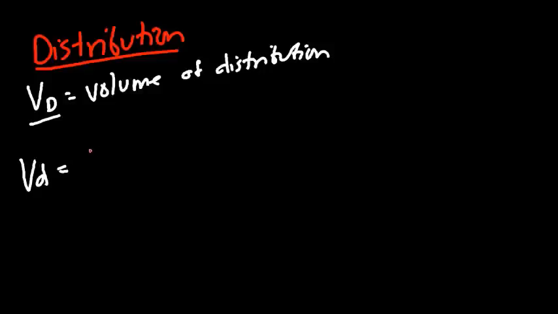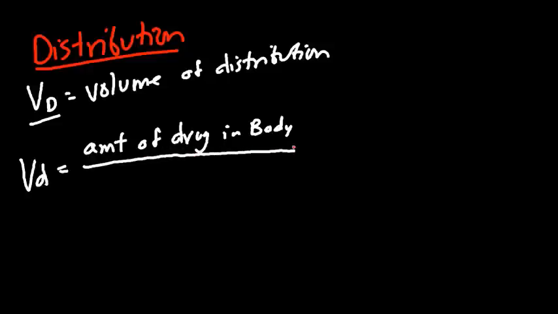And that's going to be the amount of drug in the body. I say in the body, but it could be in your distribution area. If you're talking about a specific area, it'd just be your distribution area. Otherwise, we're mostly talking about the amount of drug in the body.